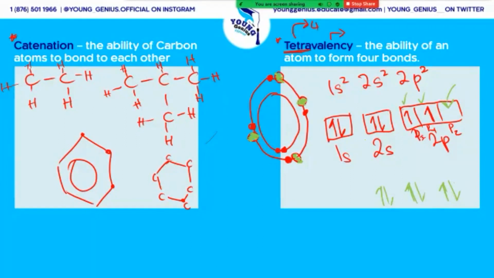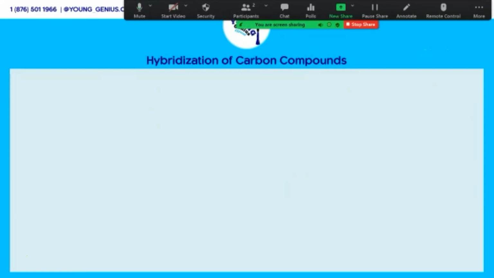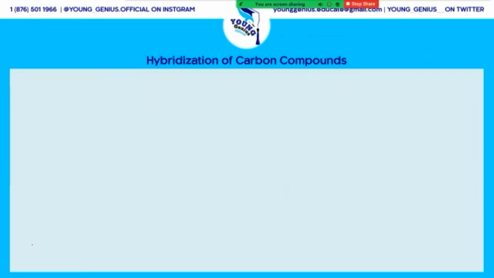So in cases like this, atoms, and especially carbon, undergo a process we call hybridization. Pay attention to this part especially. Hybridization basically means the mixing of orbitals.